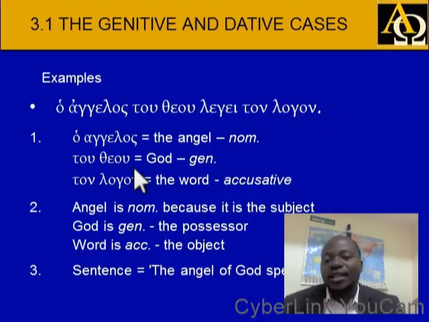So we can actually translate this and say something like, the angel of God says the word, or speaks the word. Okay, so by now you should be able to see the different cases. This is nominative, this is genitive, this is our verb, and this is accusative, which is the direct object.